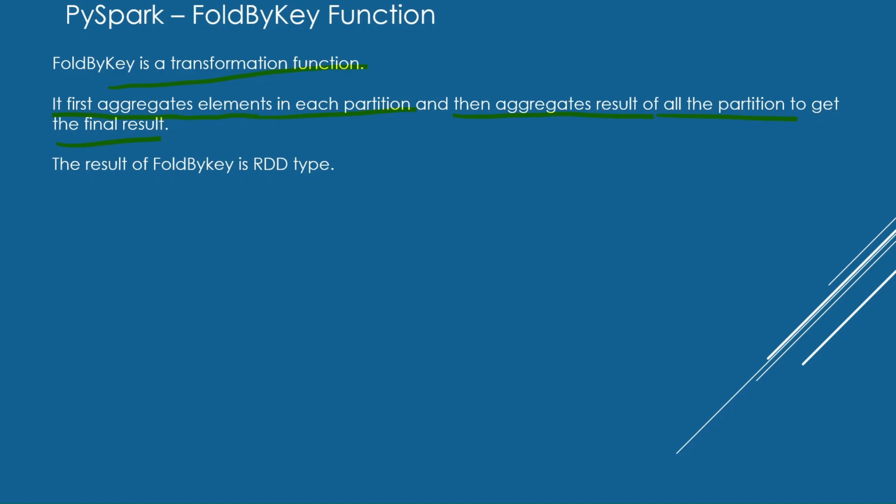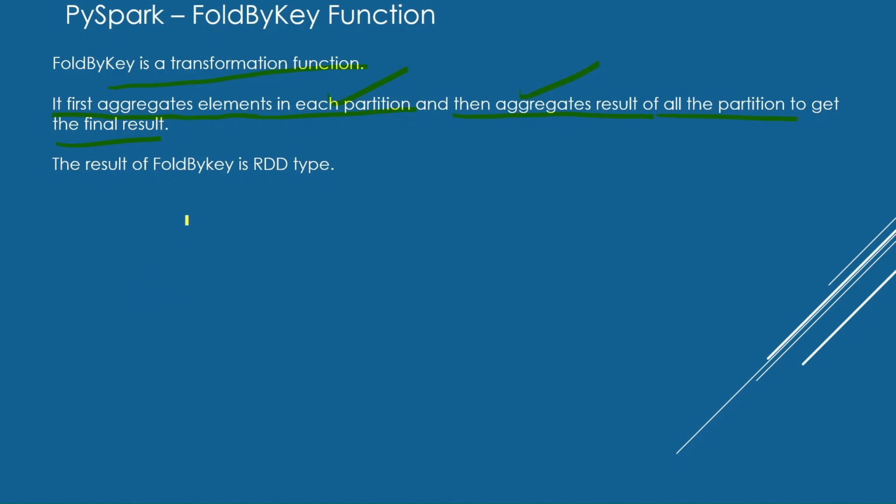So what does it mean? It means that whenever you use the FoldByKey function on a particular RDD, first it aggregates the elements in each partition, and then it applies the aggregate function on the results of all the partitions to get the final result.